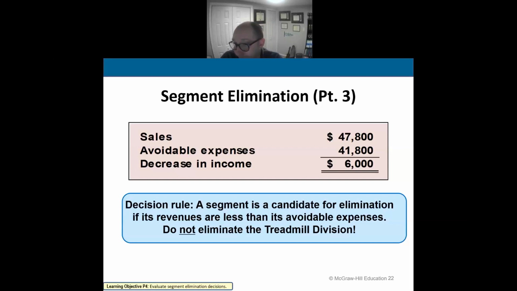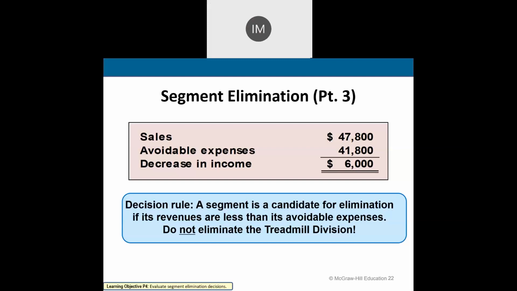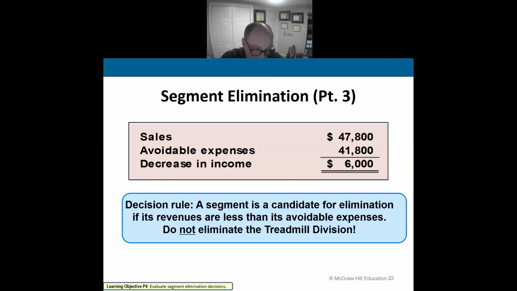Does this also involve fluctuation too? Like maybe the price is higher now, but then it'll go down later to make the treadmill? Great question. It should. The decision should include that. We're just looking at one year's worth of data.